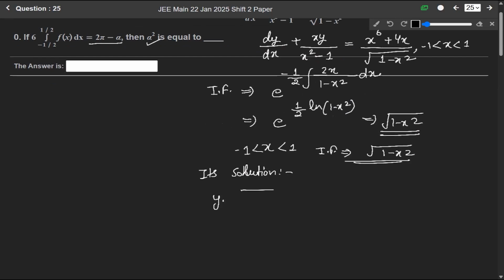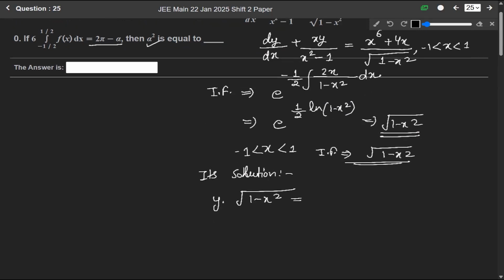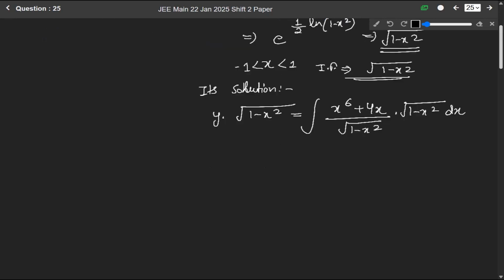y into under root 1 minus x square will be equal to the integration of x^6 plus 4x over under root of 1 minus x square into under root 1 minus x square dx. Okay.